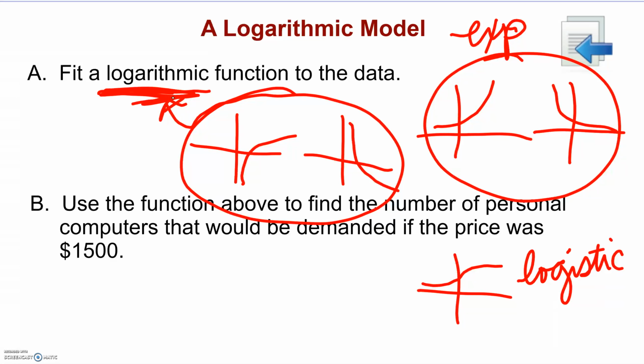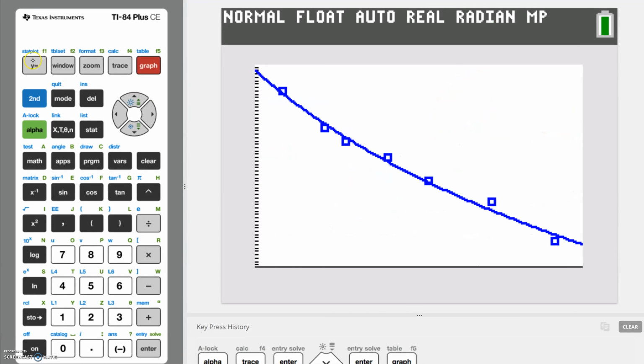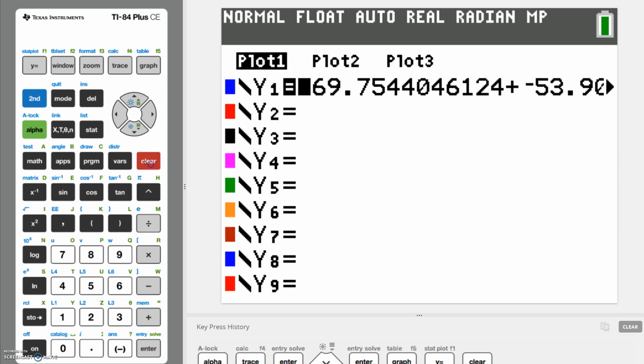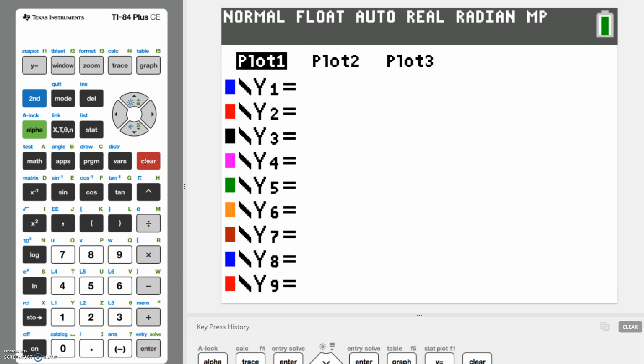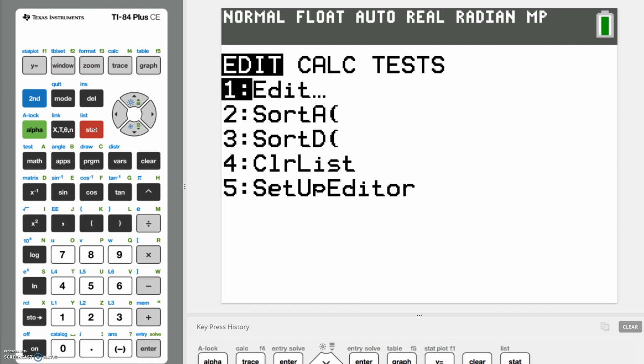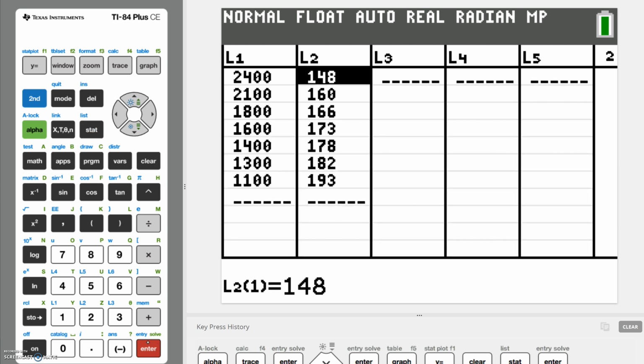So let's get our calculators out and let me clear this out. Go into your stat edit and put that data into your calculator. If you want to pause the video while you do that, you can.